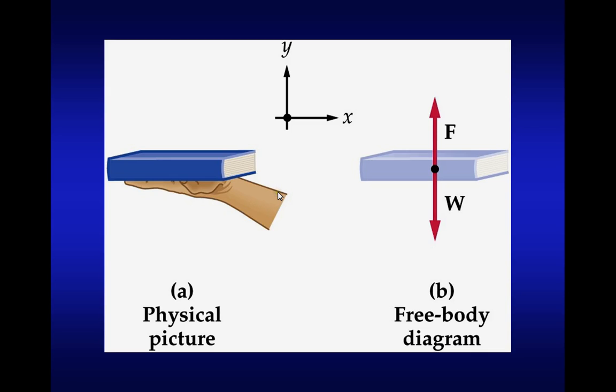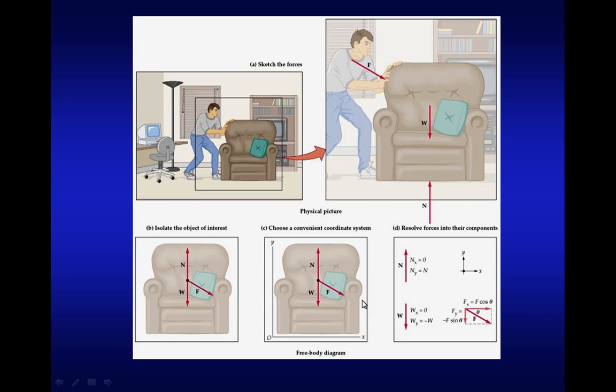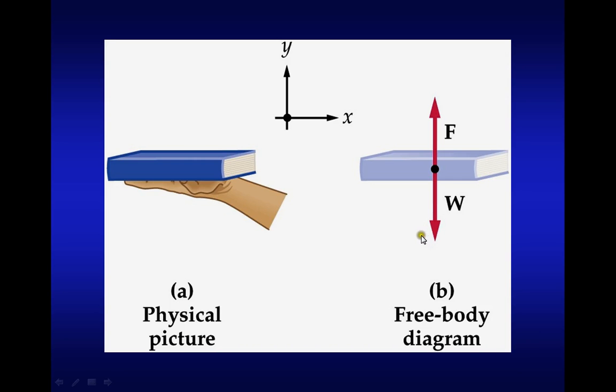So the physical picture here is a disembodied hand holding a textbook up in the air. But the tool that we're going to use is called a free body diagram. A free body diagram is where we draw an image of the force acting on the textbook in the positive y-axis, and the weight of the book depicted in the negative y-axis.